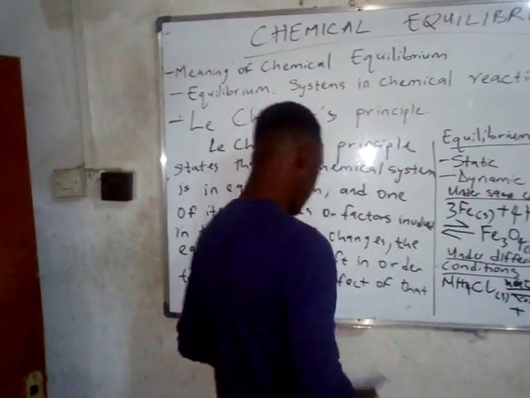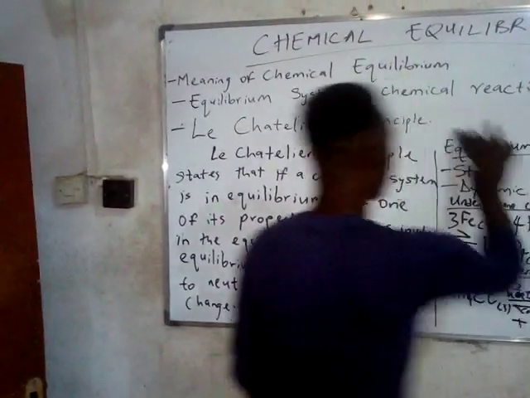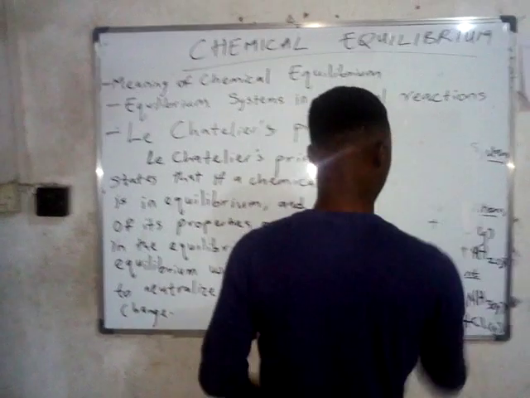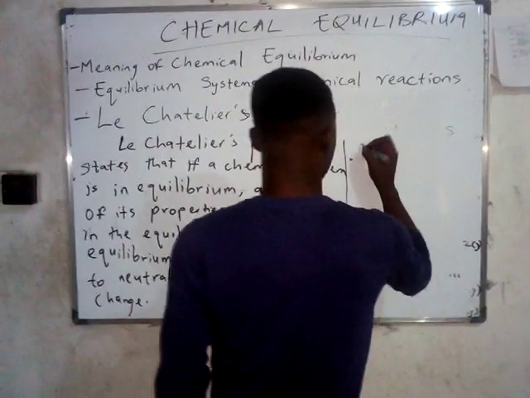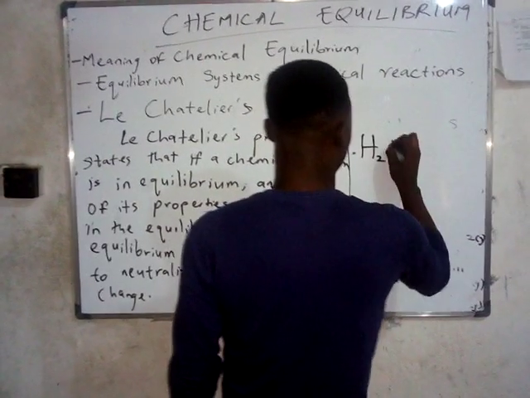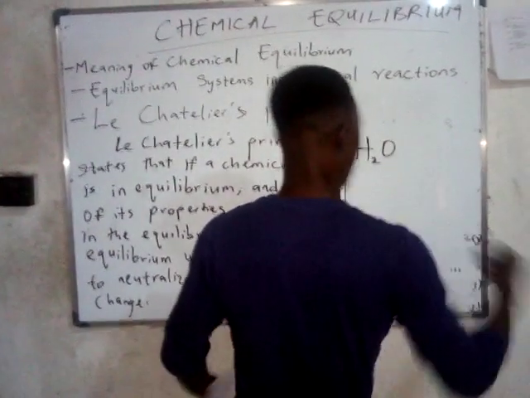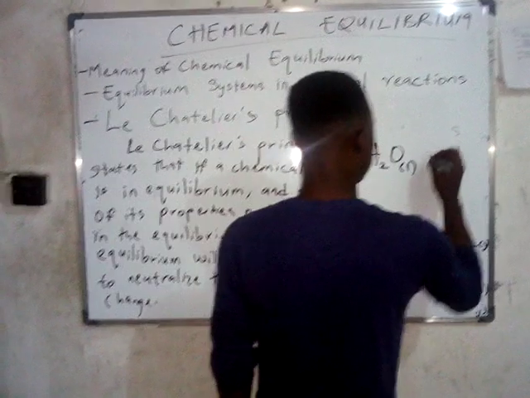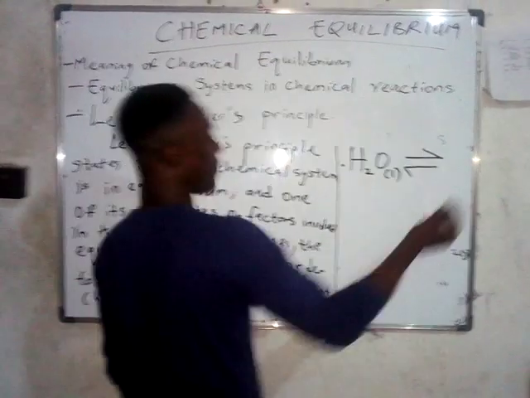One example I'll look at is water. Taking water, for example, let's say you have water in a vessel, a closed vessel, or just a vessel. Water in its liquid state can reversibly evaporate and condense back to liquid.